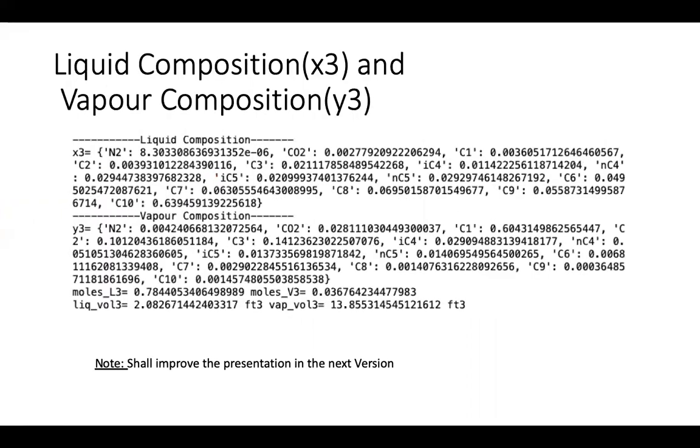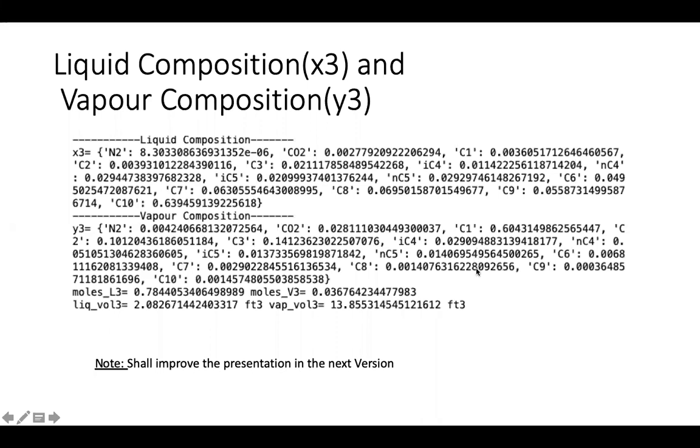Right, so it will also output liquid composition and vapor composition at the separator. Now, what I would also like to do is make this output a bit neater. At the moment, it's not neat. I would like to make it neater. I think I might just put this in pandas or some sort of Excel sheet, or just play with the number of decimal places.